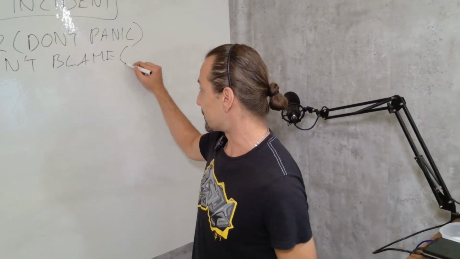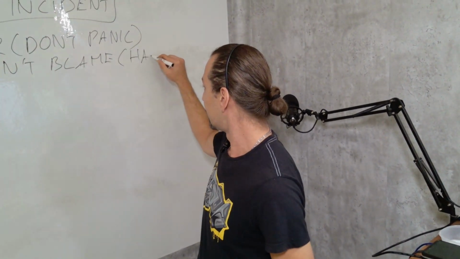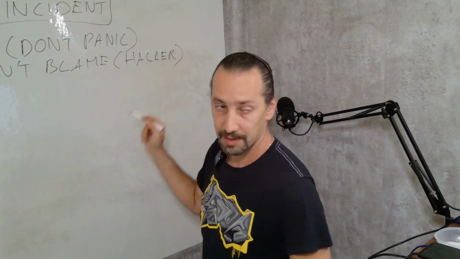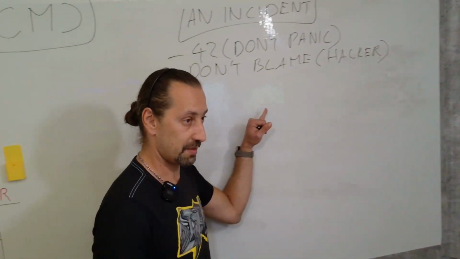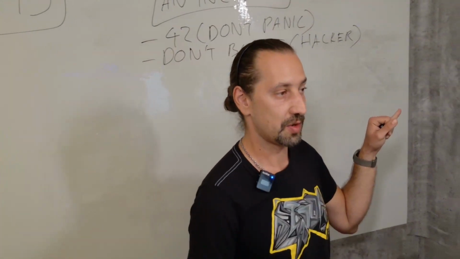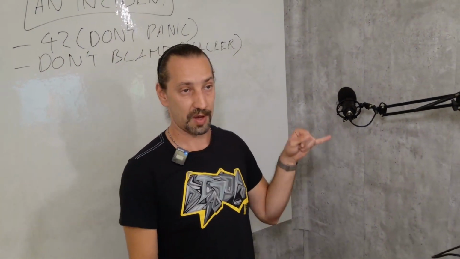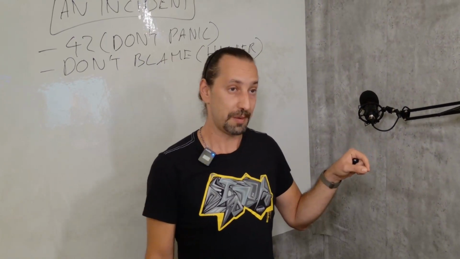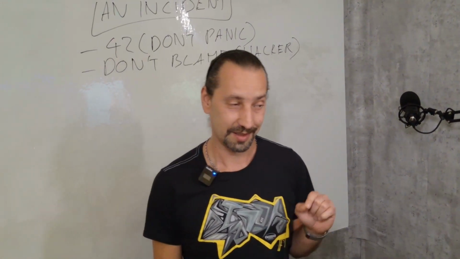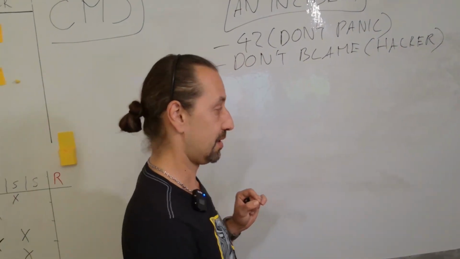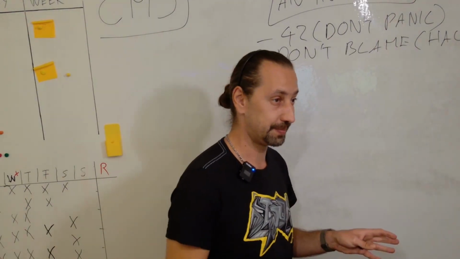The simple answer is the hacker. The hacker was responsible for the attack. Not your developers, not your operations, not your colleagues, the hacker. A hacker can be inside of your organization, maybe, but that's a different kind of stuff. So don't blame your team.